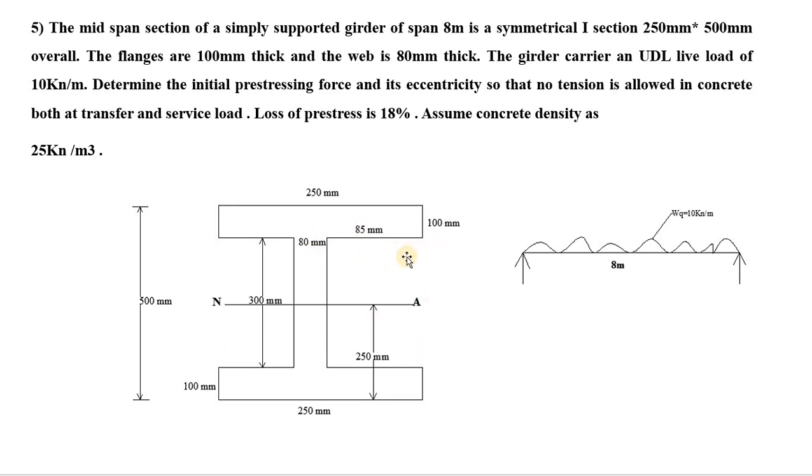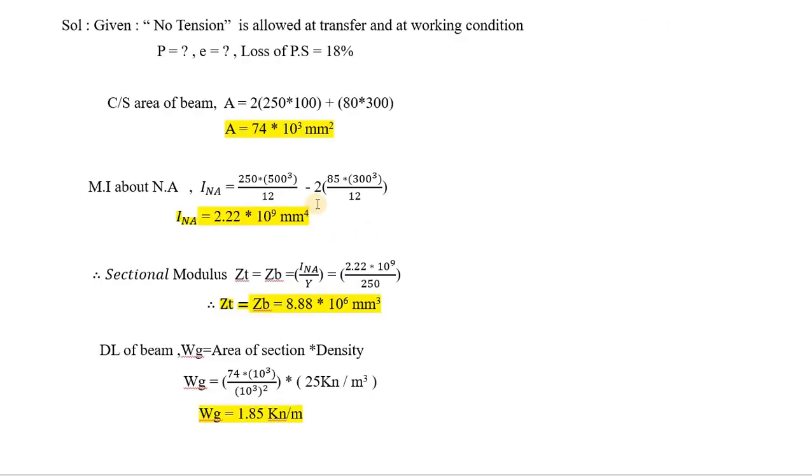This portion is present inside the rectangle. I want to remove these two portions, left side as well as right side. So what is the width here? It is 85 mm. What is the depth of this portion? It is 300 mm. And we have the same dimension for two elements. So I am using it as 2 into 85 into 300 cube by 12. So when we subtract this portion from the whole rectangle, we will get the moment of inertia about the neutral axis for the whole system.